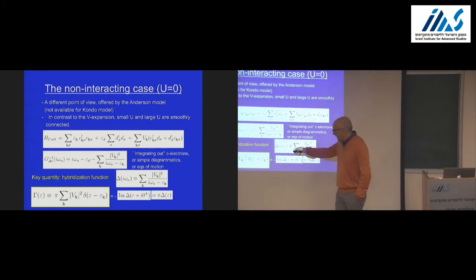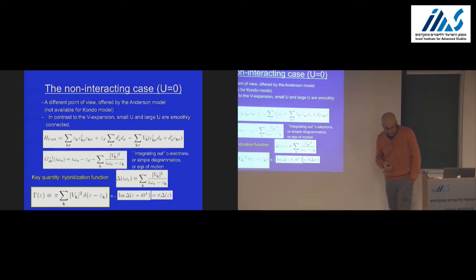So this formula gives you the inverse Green's function of the non-interacting Anderson impurity model for the creation operator on the dot or on the impurity.